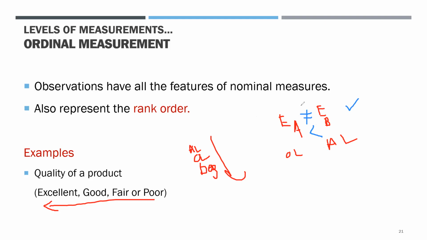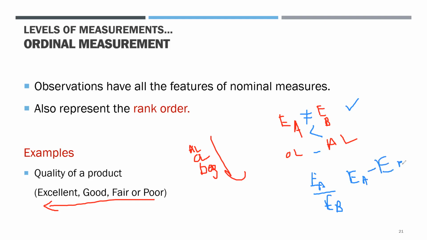And can you divide, or can you get the ratio between A's educational qualification divided by B's educational qualification? Can you get a ratio between these two? No. Or can you subtract the educational qualification?